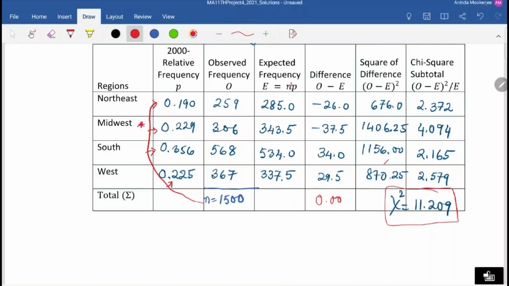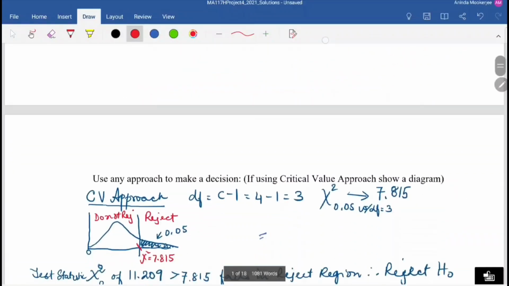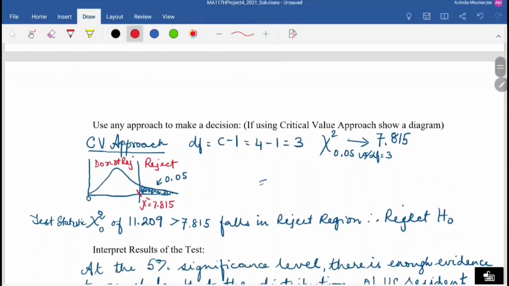So now that we have our test statistic, the bulk of the work was involved in finding it, because we had to go step by step and run through this table to get the final answer. In the next part, they ask us to use the critical value approach to perform the hypothesis test and come to a decision.